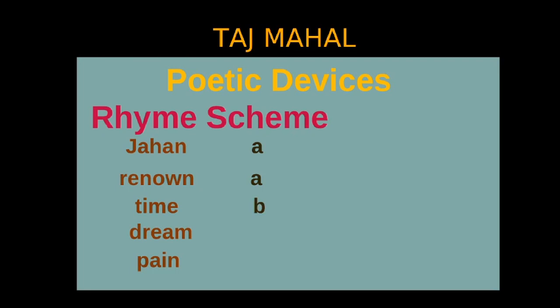Dream also, M sound. So you have to use B. And the last word is pain, which is the N sound, and for N sound we have given A earlier, so it becomes A, and the rhyme scheme is AABBA.